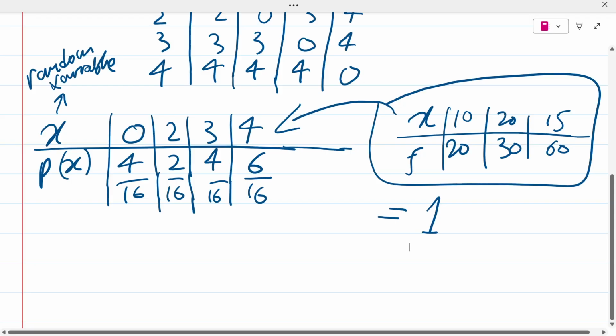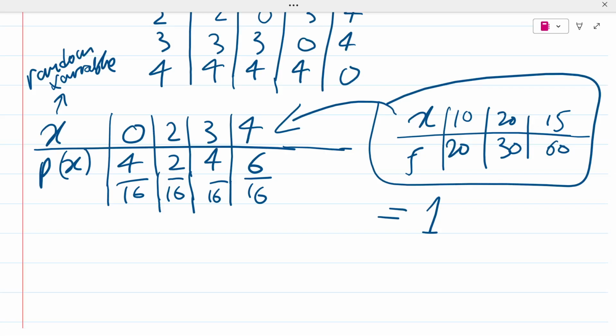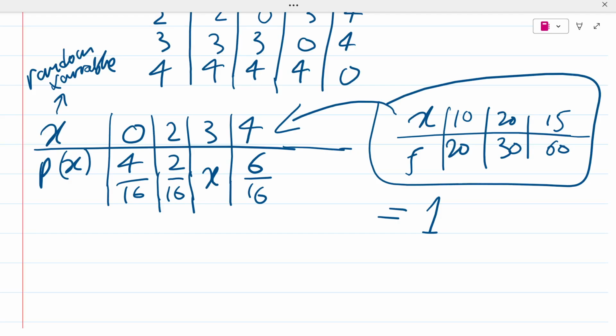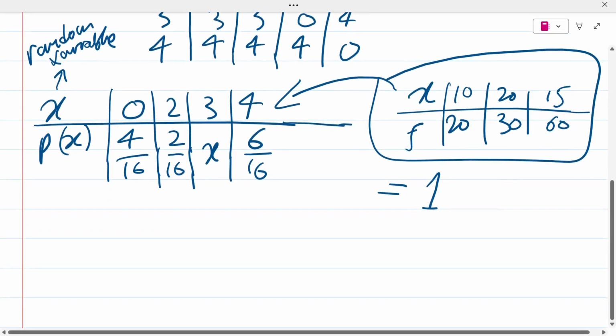They might ask you to make a probability distribution table, just like we did in here, or they could have given you the table as well. This could have been a question. Let's say they didn't ask you to make the table. They instead gave you the data, but this one probability was missing. How would you find that probability?